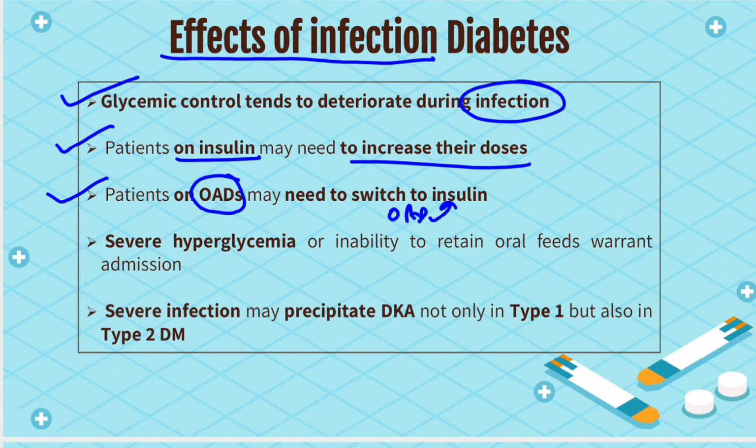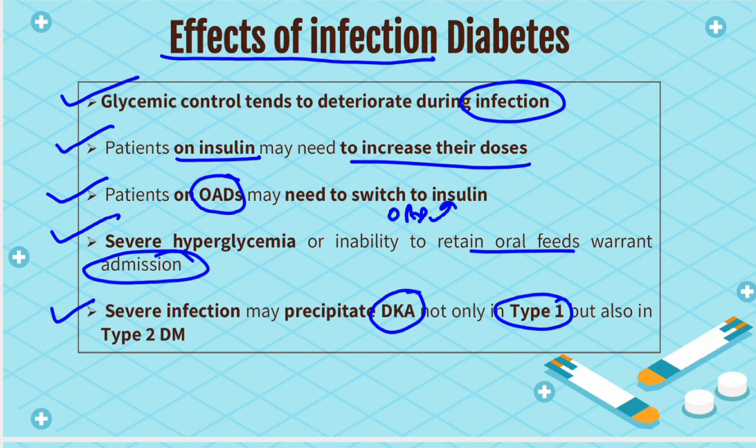If the person has severe hyperglycemia or is unable to retain oral feeds, then admission to the hospital may also be required. In case of severe infection, there is more chance to develop diabetic ketoacidosis, which is usually common in type 1, but diabetic ketoacidosis may also develop in type 2 diabetes mellitus.